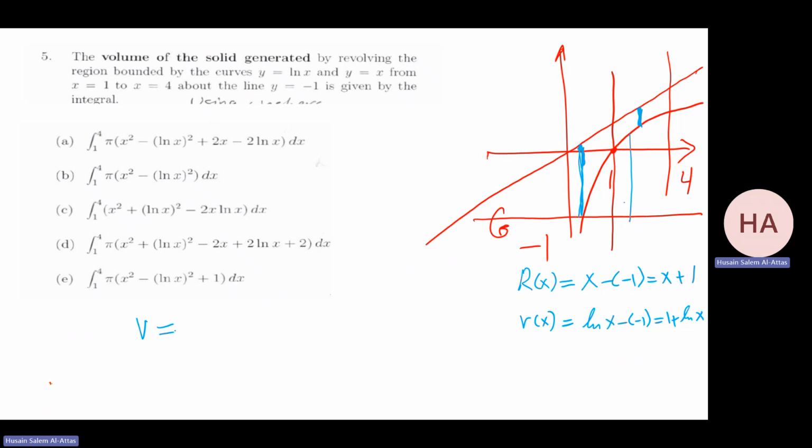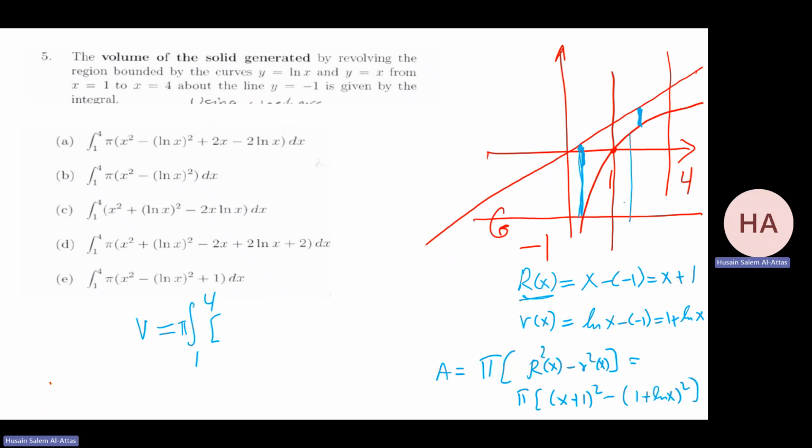So the volume will be the integral from 1 to 4 of pi, let me write pi outside or inside, who cares. The area is pi R squared minus the small r squared. That gives me pi times x plus 1 squared minus 1 plus ln x all squared. Let me do the calculation. Let the pi outside.